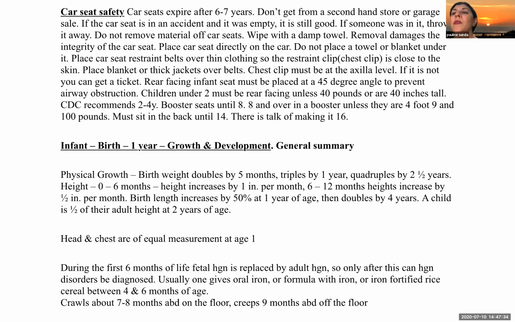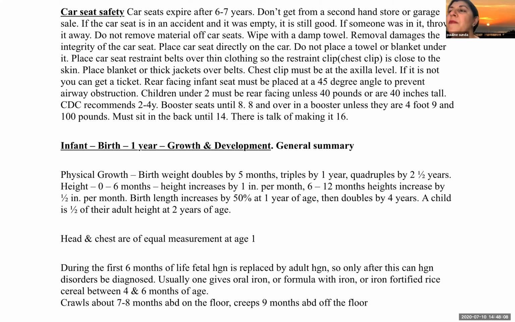Children under 2 must be in a rear-facing car seat unless they are 40 pounds or are 40 inches tall. The CDC recommends 2 to 4 years of age utilizing a car seat. Booster seats can be used typically after 4 years of age until 8. Now, if a child is 8 years old and over and they're not 4'9" or 100 pounds, then they should still utilize a booster seat.